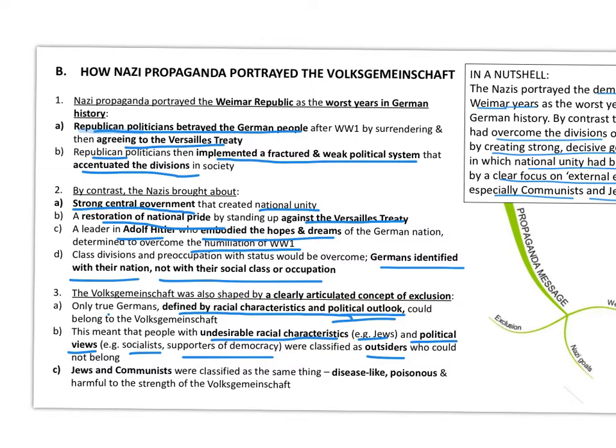In particular, communists were the initial target, because they were, of course, international in their views. Workers of the world unite. The ultimate way of being outside the nation is identifying with workers of the world. And Jews and communists in Hitler's head were the same.